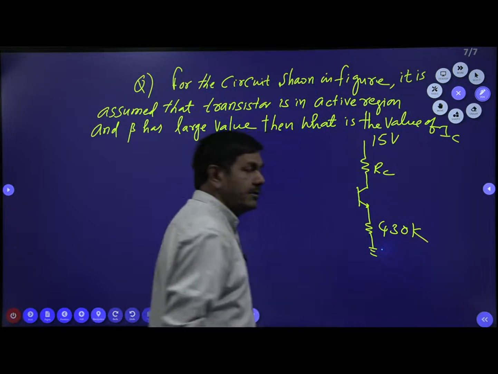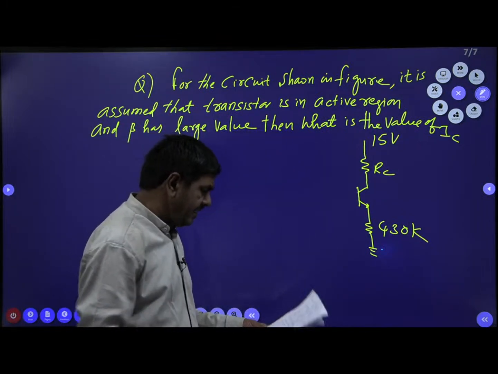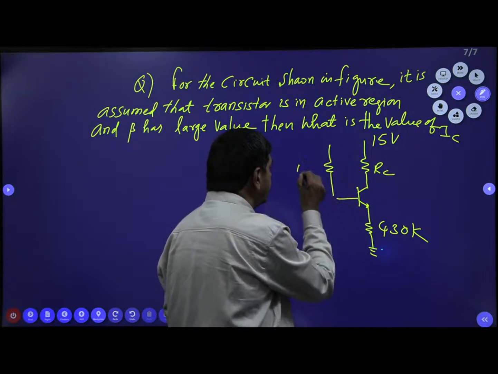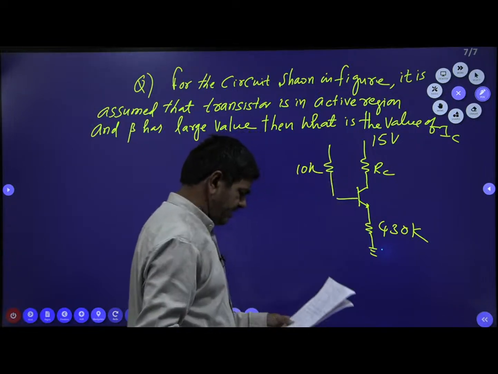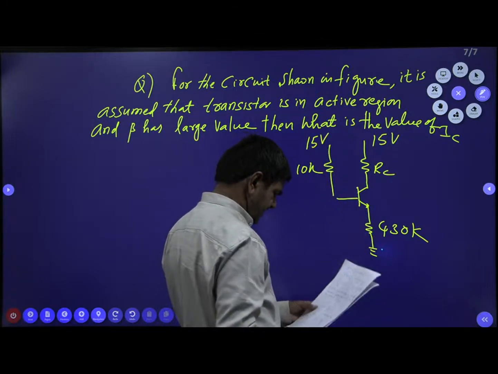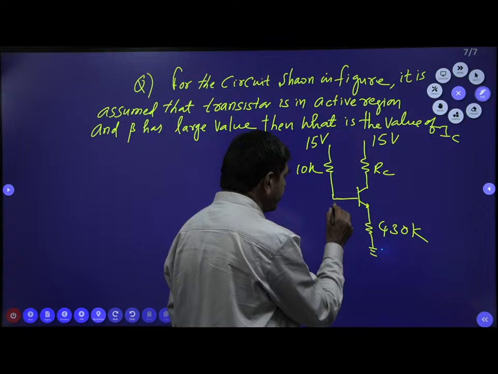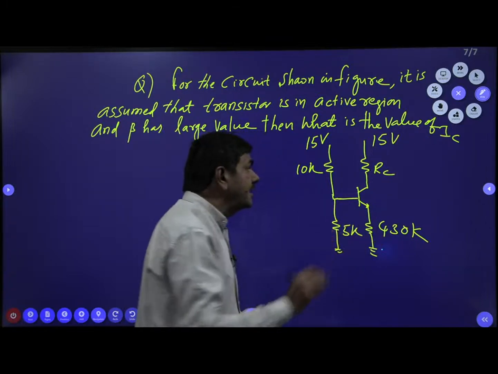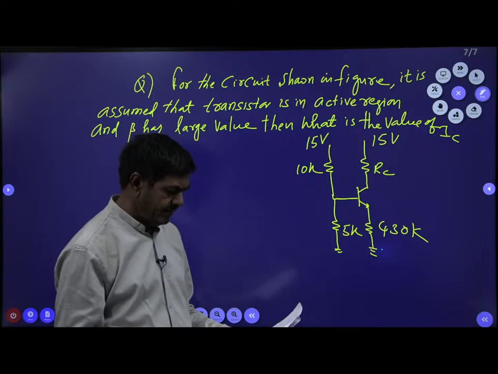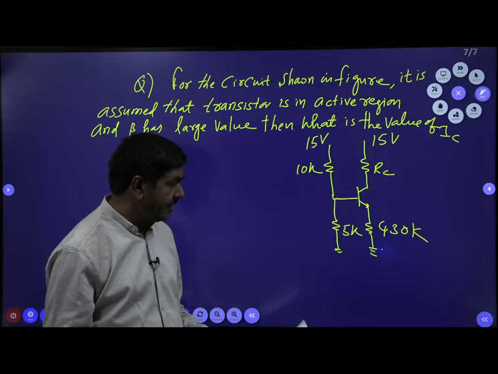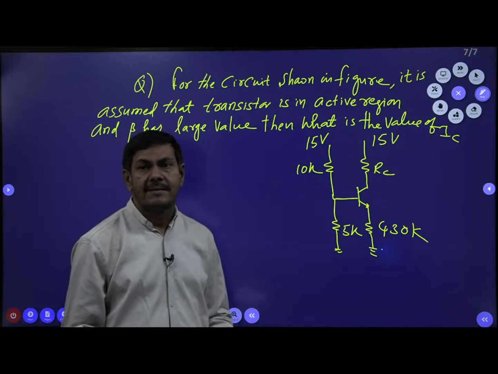And on this side a 10K resistor is given. The supply voltage is the same, 15 volts. And here given 5K. RC, 15, 430, 10K and 5K and 15. Yes, that's the given problem.